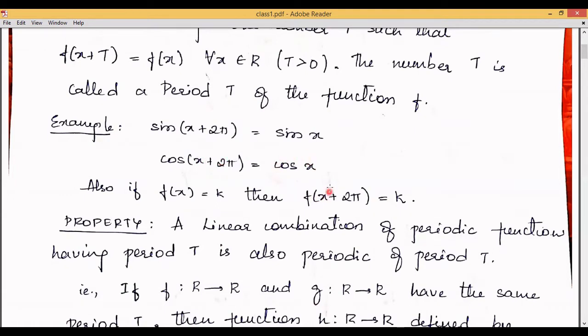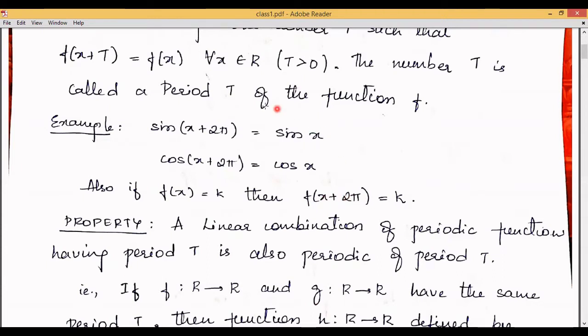Therefore, cos x is a periodic function with period 2 pi. And one more example. If f of x is equal to k, a constant function, then f of x plus 2 pi is also equal to k. This means f of x is equal to f of x plus 2 pi, and therefore f of x is a periodic function with period 2 pi.